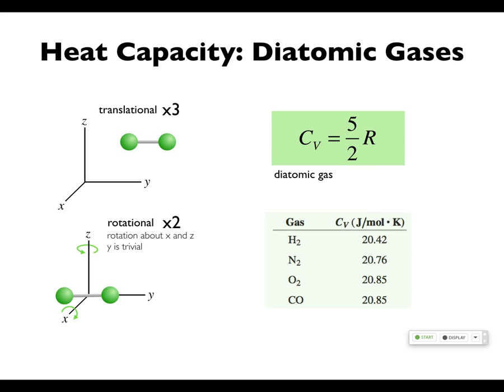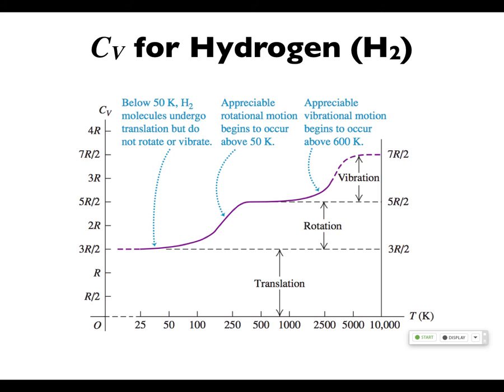It gets a little bit crazy, like vibrational motion can contribute. You can see for hydrogen, as you get up to higher and higher temperatures, if it's really cold, you only get 3/2. As you get hotter, you get to 5/2. You can get all the way up to 7/2 if you get hot enough that vibration starts to matter.